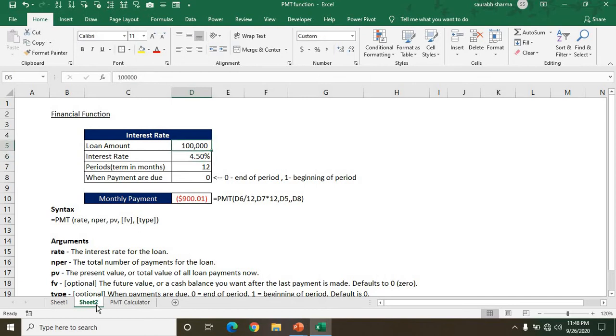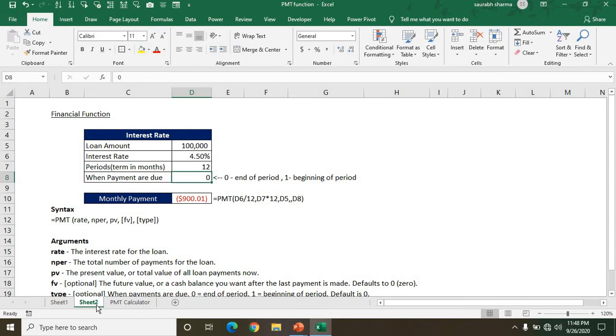We have the same amount, interest rate and period of 12 months, and when payments are due. That means, let's suppose you are paying at the start of the month or at the end of the month.